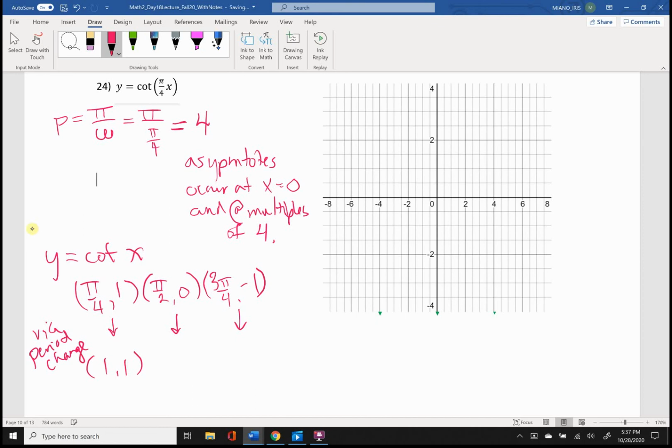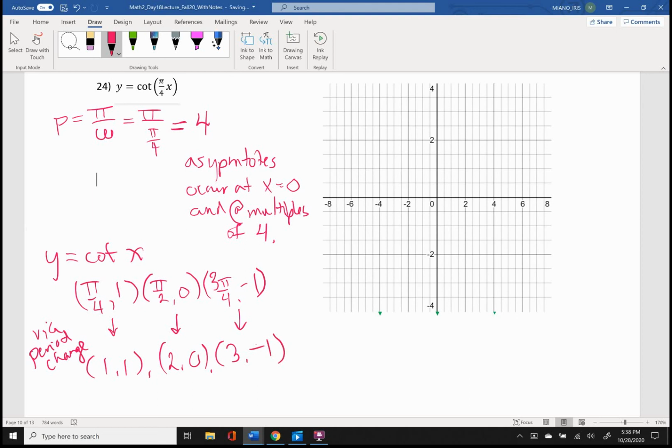Whereas pi over 4 was the first piece of being broken up into 4 pieces of a period of pi, since the period is 4, we need to divide by 4 to get this first corresponding point. And then we'll go halfway. So that'll be a 2, 0. And this one will correspond to a 3, -1.